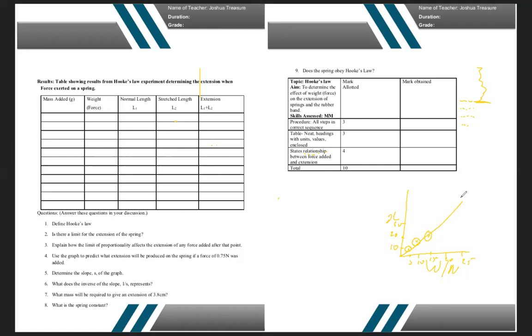Yes, sir. So you state the relationship in the discussion. If you haven't done so in the draft, then just ensure when you're writing up in your official book, you mention the relationship. If you haven't done so, you have to come to me and I'll look if it's correct first.